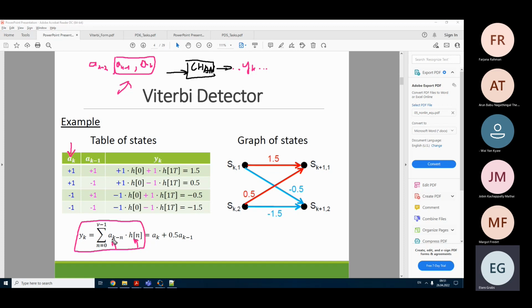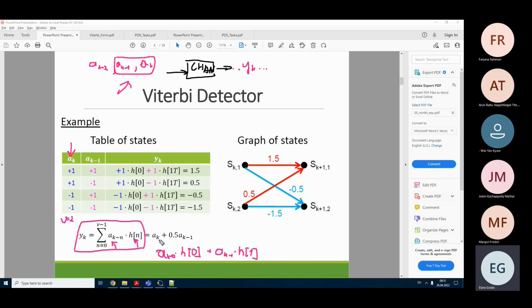So in this particular case, once we have nu equal to 2, our sum is going to consist only of two values. That's going to be AK minus 0 multiplied with H0, plus AK minus 1 multiplied with H1.